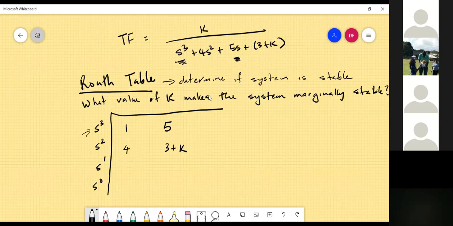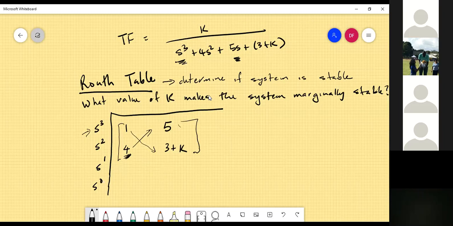Now, how do we determine the value that goes into these points here? Well, it's like finding the determinant of a matrix, but you have to do it in the reverse order. So consider this to be a matrix. We're going to do the determinant, but we're going to start with the subordinate diagonal first.